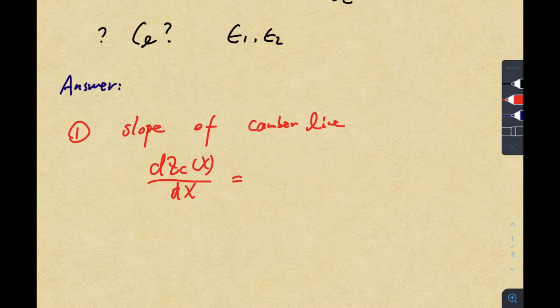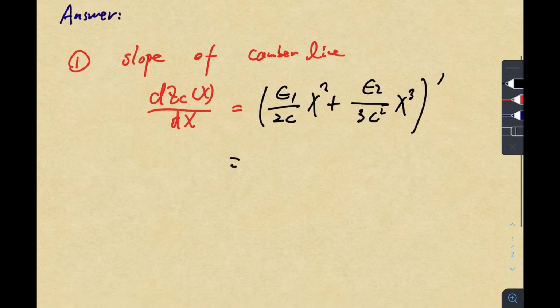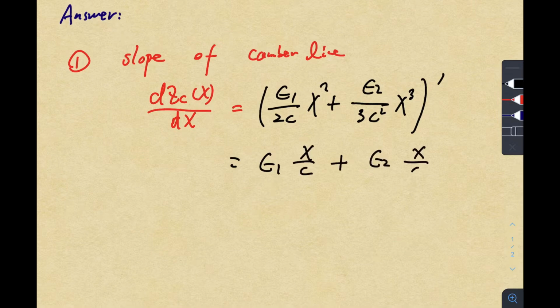This expression is basically the derivative of epsilon 1 divided by 2c x squared plus epsilon 2 divided by 3c squared x cubed, which just becomes epsilon 1 x over c plus epsilon 2 x over c squared. Okay, that's the slope for the camber line.